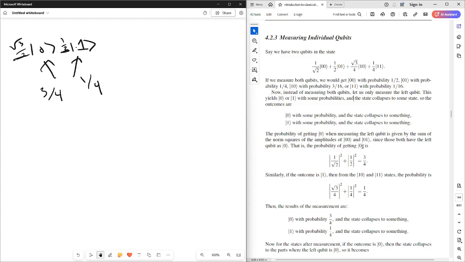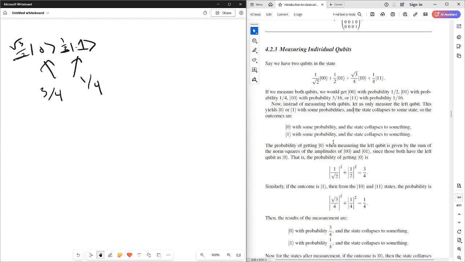multiple qubits, and we measure one of them, let's just follow the example here. So let's say we have qubit 1 and qubit 2. So when we measure qubit 1, it'll collapse to either 0 or 1 with some probability.